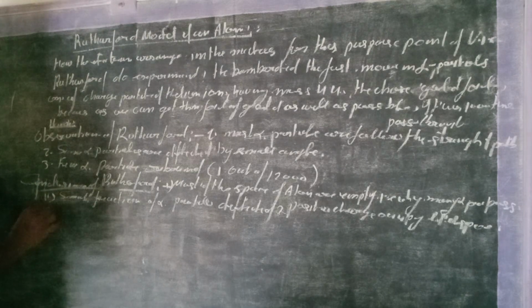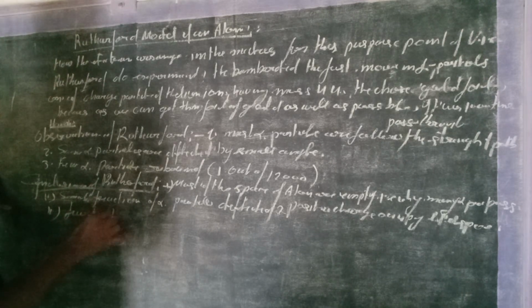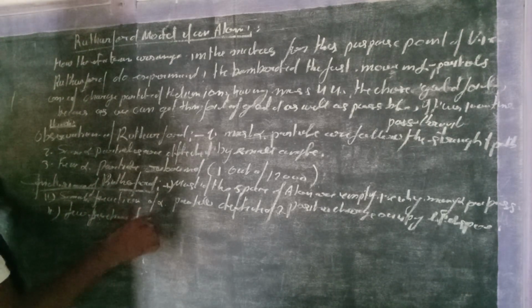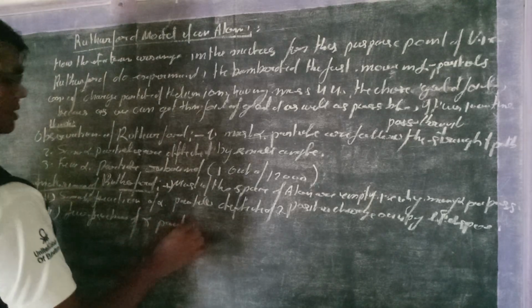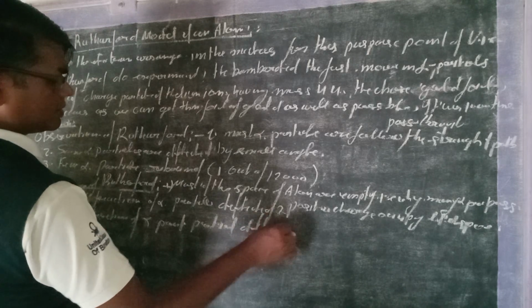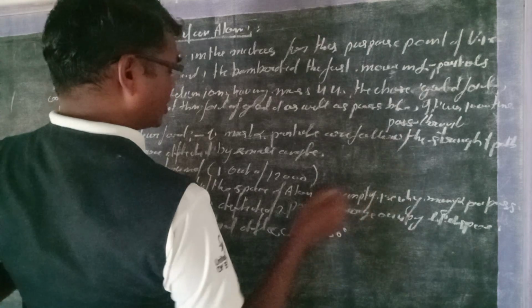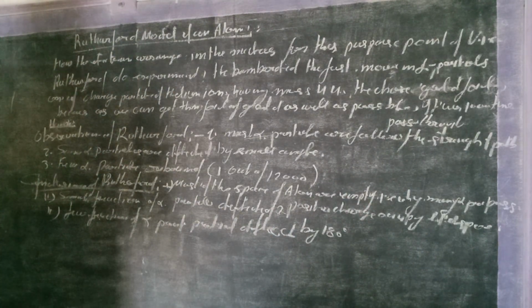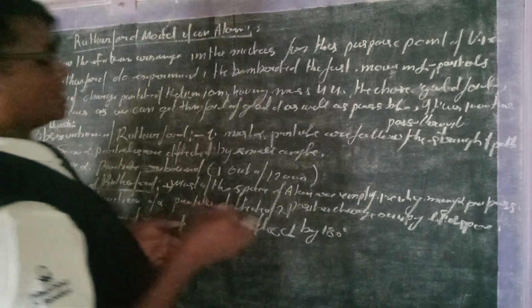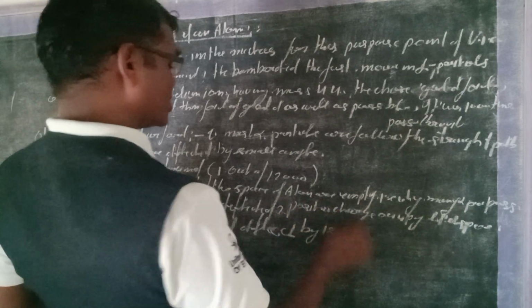And third, a few alpha particles are deflected by 180 degrees. It means that the inner part is very dense and has all the mass included in it.